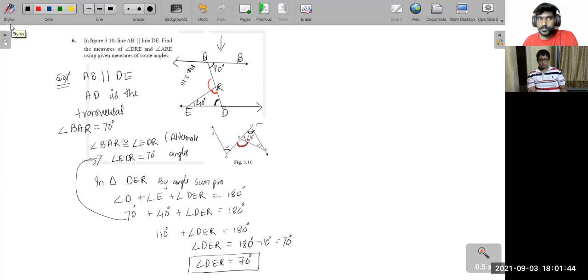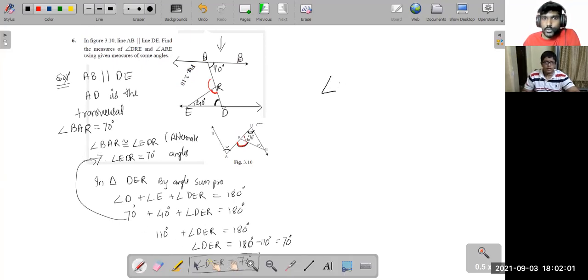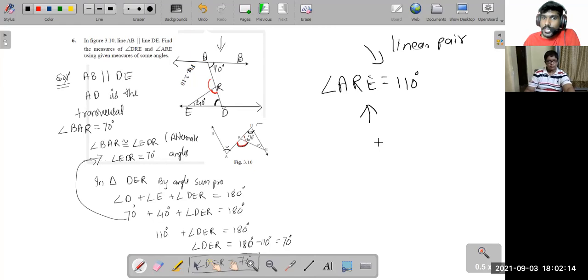Will you complete this sum? Yes, sir. The second part is still left to write. I have not written the second part, to find angle ARE. You told me angle ARE is 110 degrees, and you used linear pair. I'm saying that you can find this by using the remote interior angle theorem also.